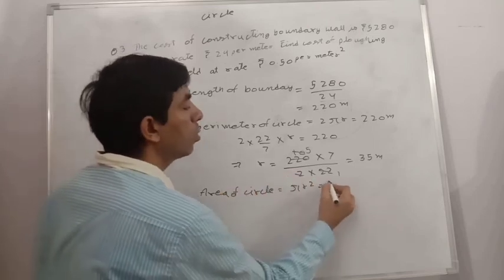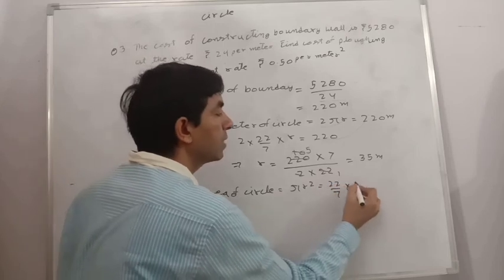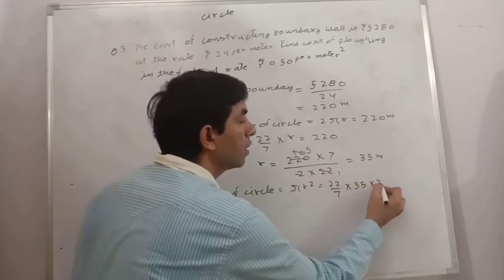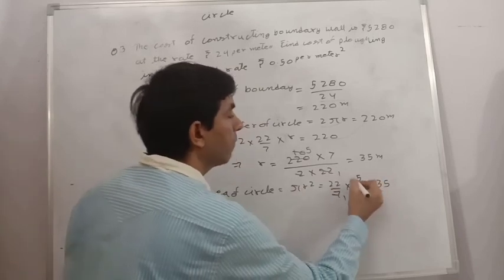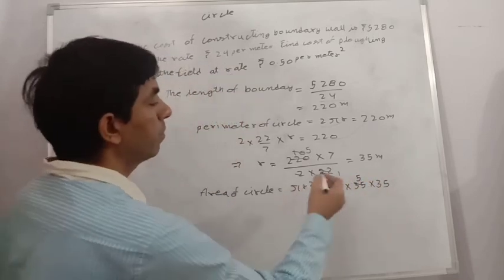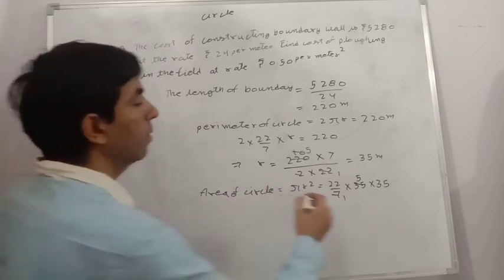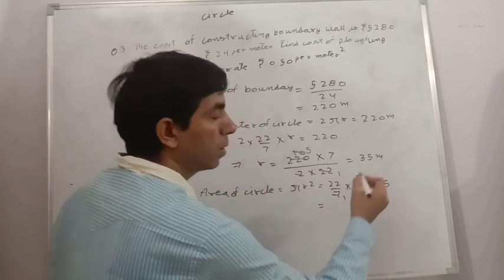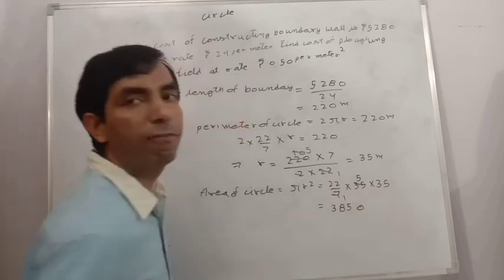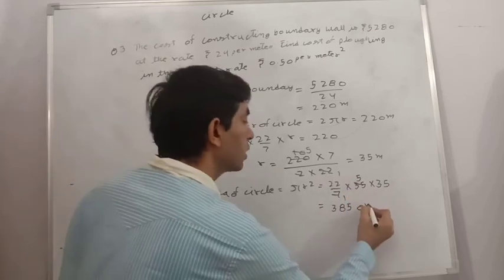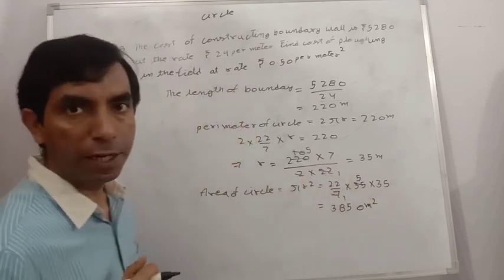And the value of pi is 22 upon 7 multiply 35 multiply 35. 7 multiply 7 1 is 7, 7 5 is 35. Then after multiplying, we get 3,850 meter square. It is the area of the field.